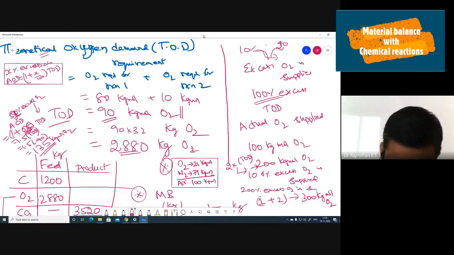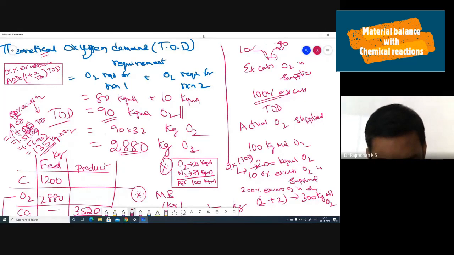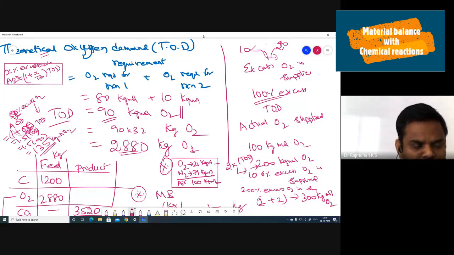So if I say excess in terms of oxygen, proportionally it means excess in terms of air. So there should not be confusion for you.